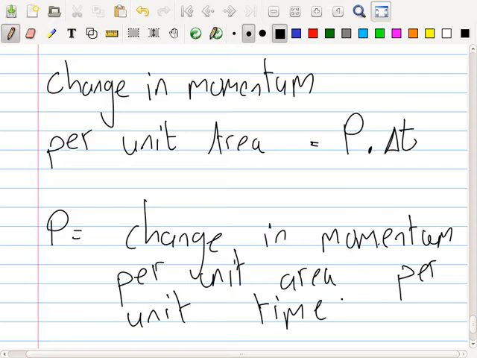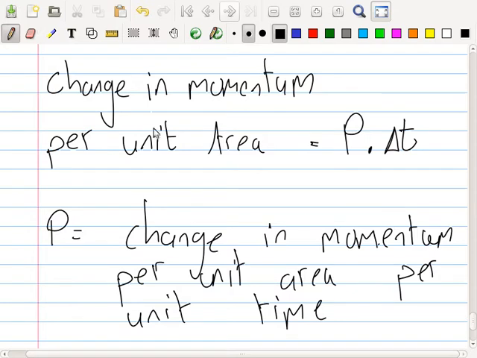So if I make the particles hit the wall faster, is that more or less pressure? More. If I make the particles move slower, less pressure. If I make the area smaller, what happens to the pressure?